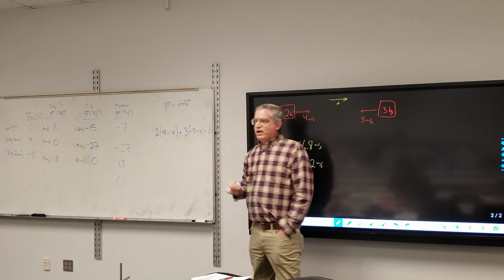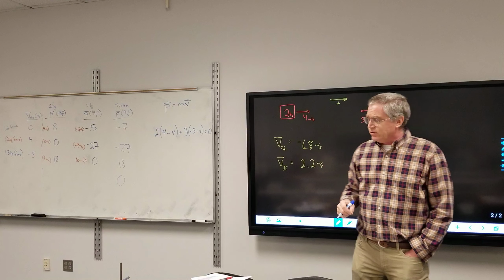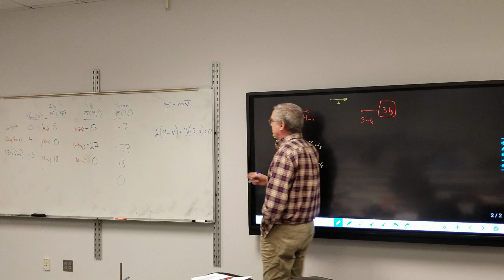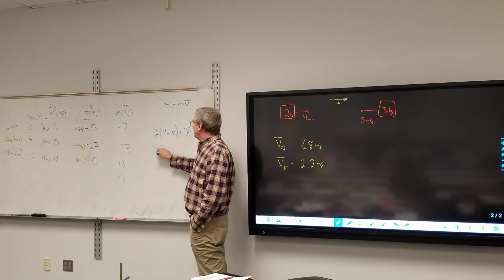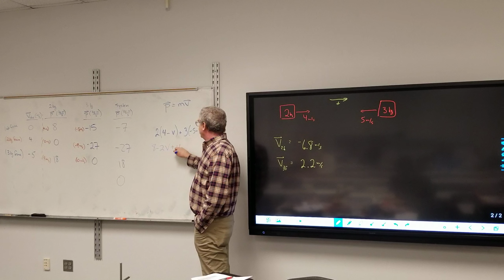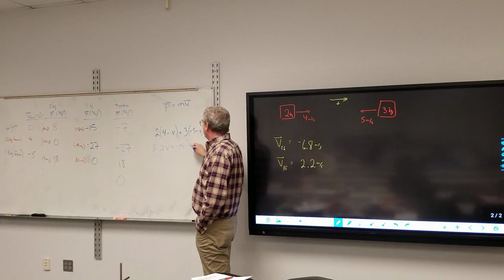But I want to figure out what value of v, the velocity of the observer, gives a total momentum of 0. So it's 8 minus 2v plus -15 minus 3v is equal to 0.